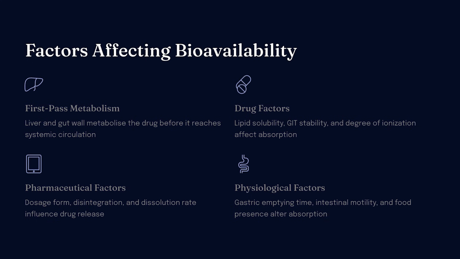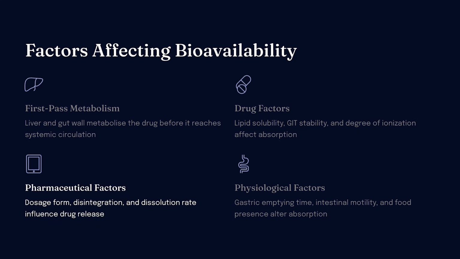Factors affecting bioavailability. Several factors can affect the bioavailability of a drug. First, first-pass metabolism in the liver and gut wall can metabolize part of an orally administered drug before it reaches the systemic circulation, thereby reducing bioavailability. Second, drug factors including lipid solubility, GIT stability, and degree of ionization influence how efficiently the drug is absorbed.